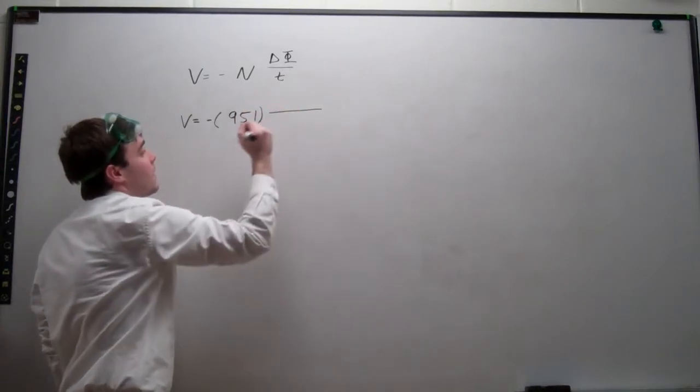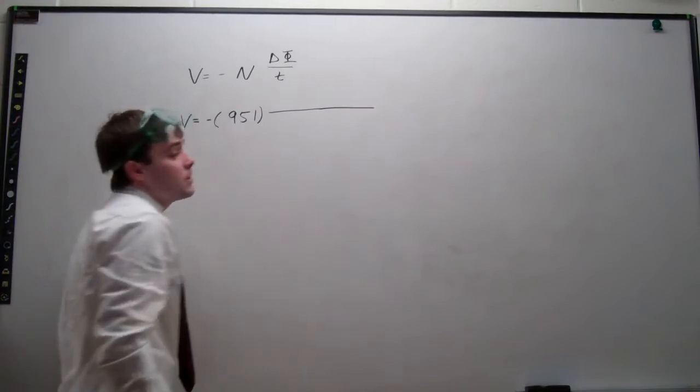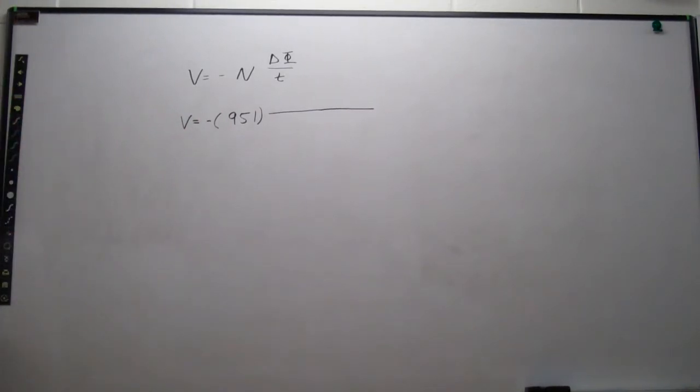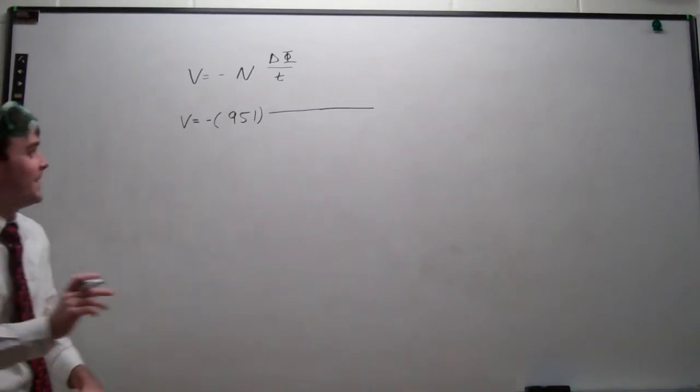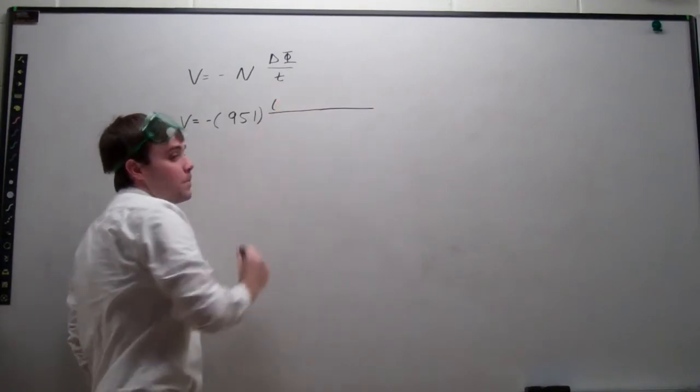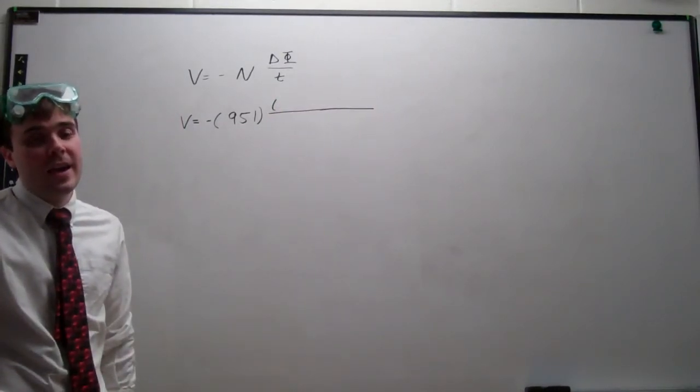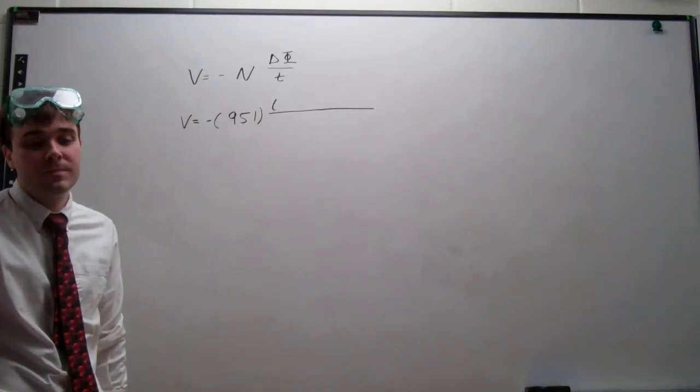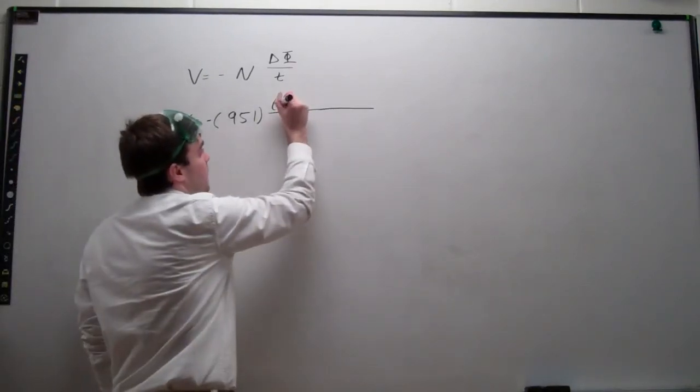Alright, so now we need to do area times magnetic field for both, and we're going to do final minus initial. Okay, so what's the area? 1.23 meters squared.